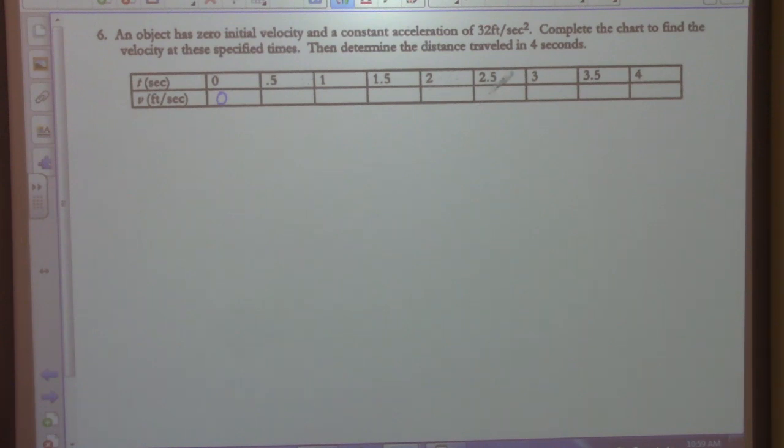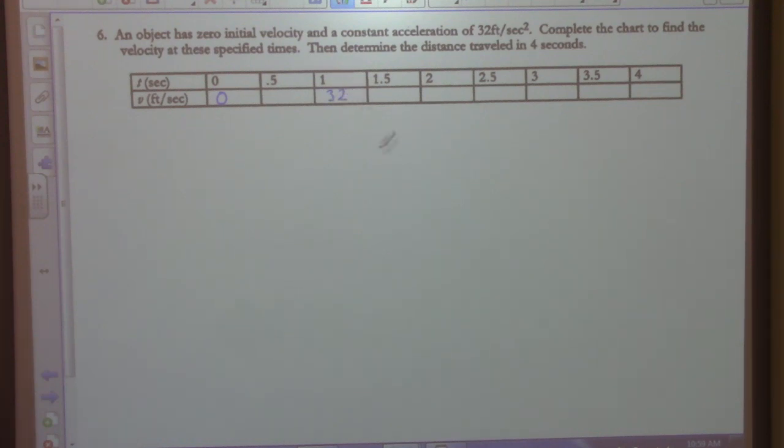All right, 32 feet per second squared. So that's zero velocity, constant acceleration. So you pick up 32 feet per second squared. So what do you do to get that? I don't really know. I'm kind of lost. Integrate. Right here, integrate. 32 feet per second squared, we know we're going to have 32 here, right?